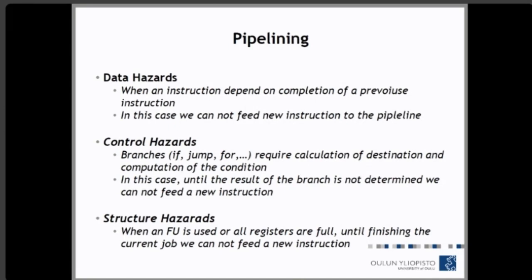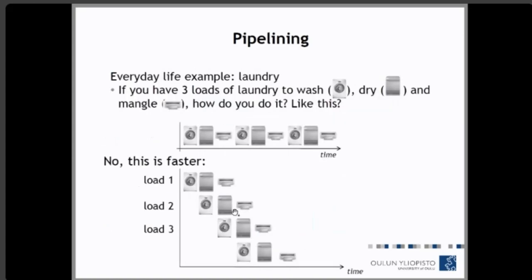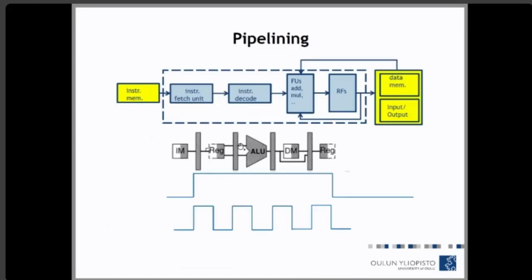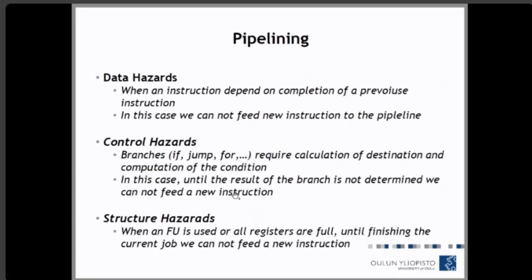That other value is the result of some operation in previous instructions, and those operations are still traveling through the pipeline, and the output is not ready. And this is data hazard. So this will force us to stop the pipeline and lose the benefits, and the pipeline will go on empty. So what they call a bubble will go here. So nothing will go to the next stage because this instruction cannot be executed.